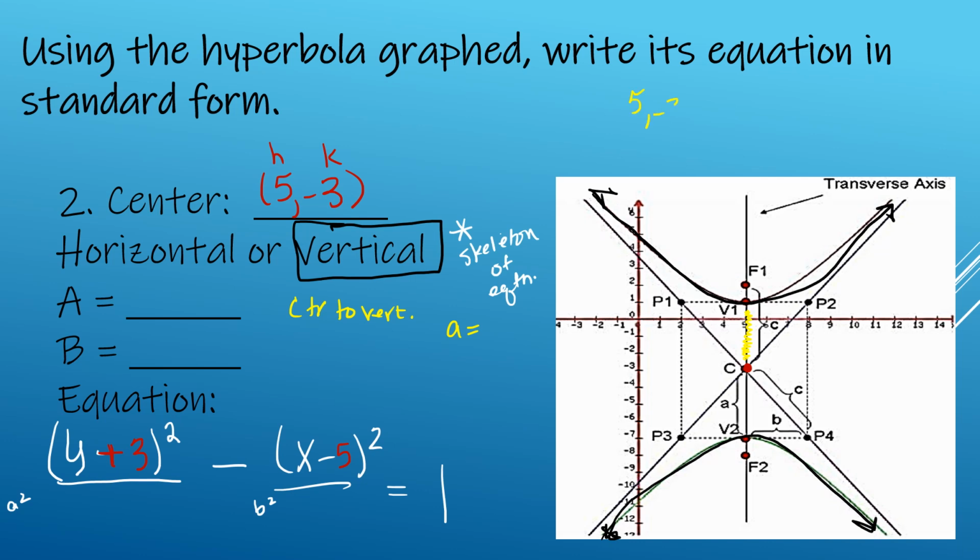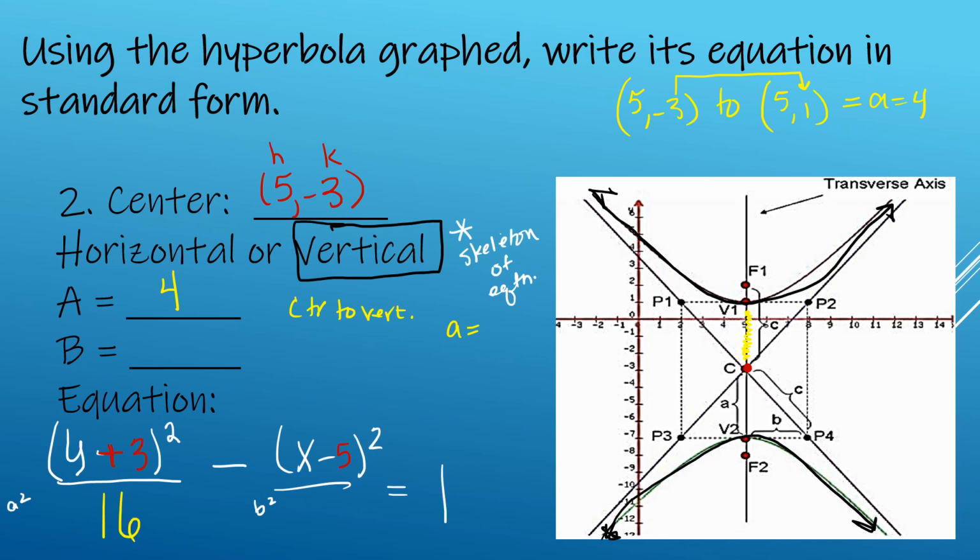The distance that changes is the y values. That means that my a value is 4. So if a is 4, I can go ahead and square that and put that in the denominator underneath the y.